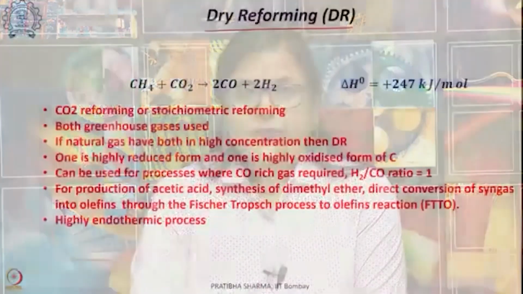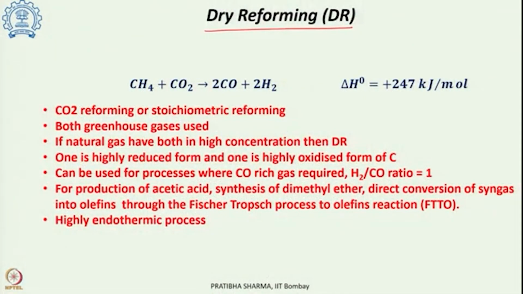Another method of reforming is dry reforming. This is also known as carbon dioxide reforming or stoichiometric reforming. The difference between the earlier processes and dry reforming is that here carbon dioxide is used as the oxidant. So the feedstock, methane, reacts with the oxidant, carbon dioxide, to produce syngas.